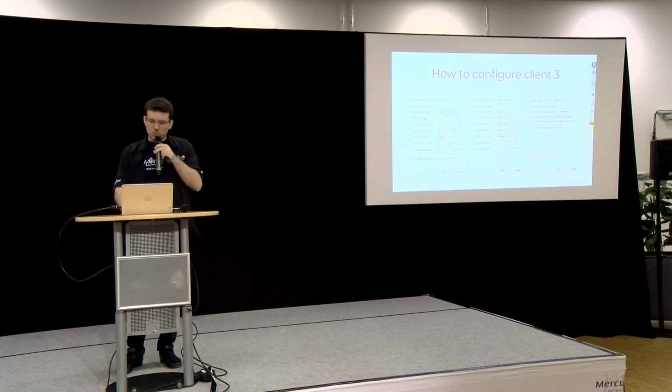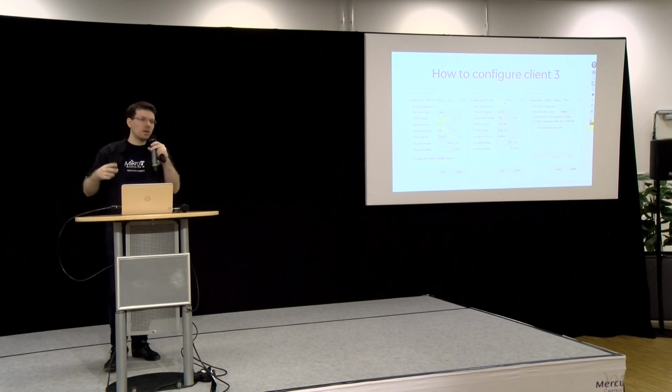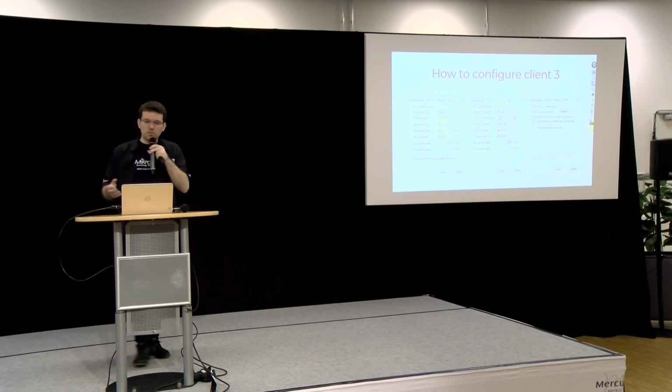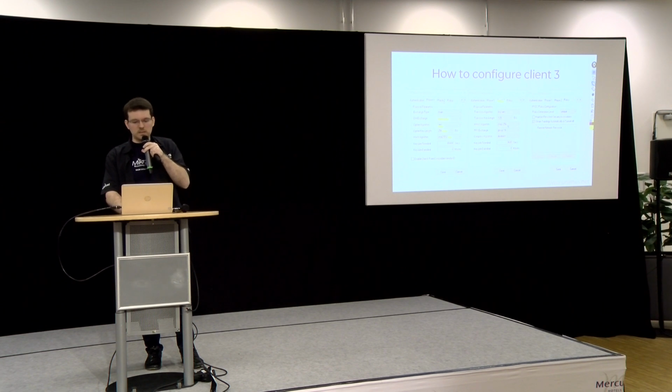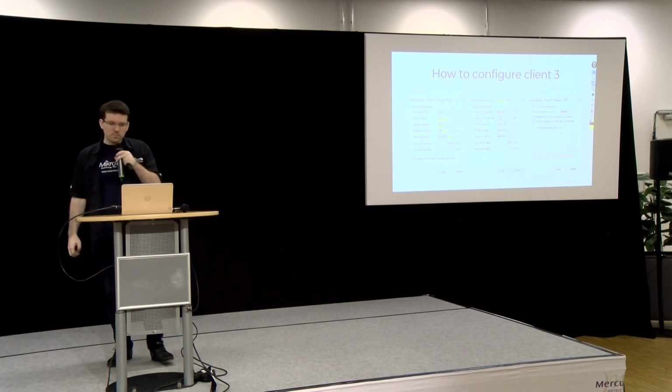Then for phase 2, this has to match the policy. Remember we said that phase 2 and the policies are how the actual traffic is encrypted. So in our case, we are using AES 128 CBC with SHA 256 and MODP 2048. So this has to match.